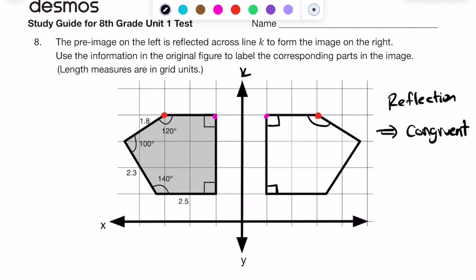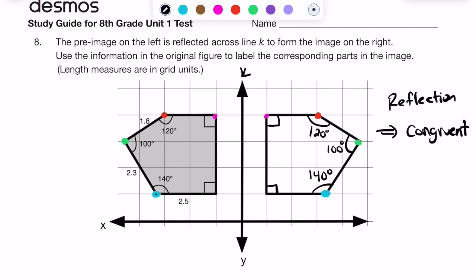So this is 120 degrees. This point and this point would match up. They're corresponding, so that's 100 degrees. This point corresponds with this point. So this is going to be 140 degrees.